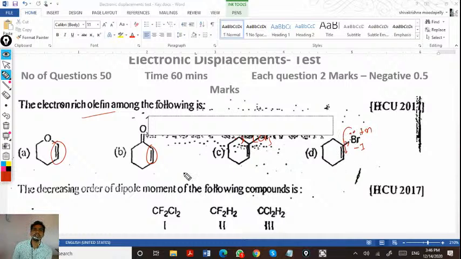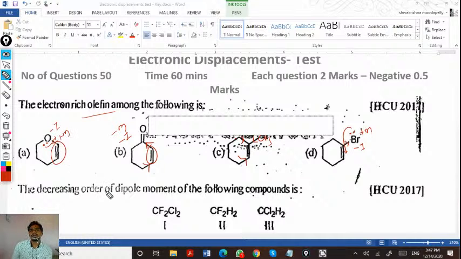You need to consider all the electron displacement effects. So three substitutions. This is withdrawing, so this is minus I and minus M. This is again donating and minus I, so plus M minus I.